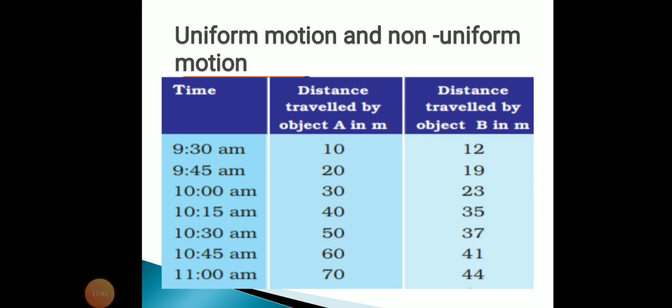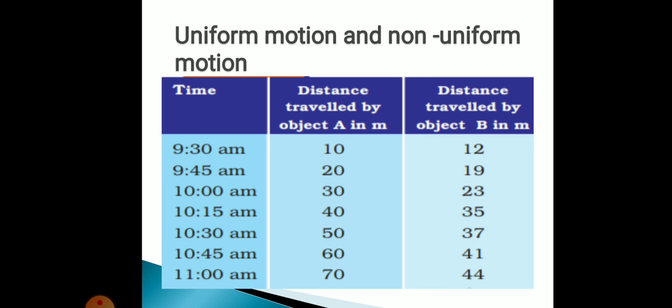So in this example, the time interval is constant, that is of 15 minutes. If you observe the distance traveled by object A, then object A is traveling a distance of 10 meter in given interval of time.